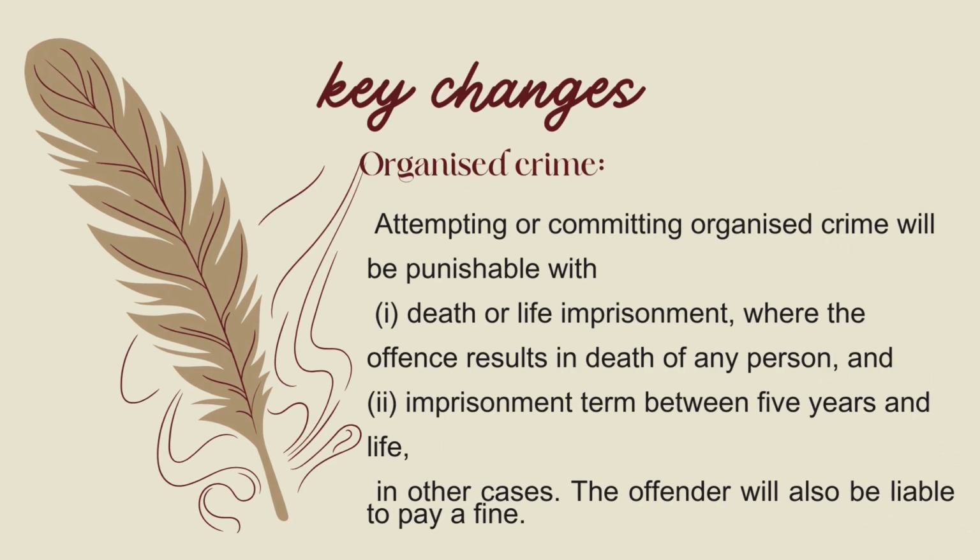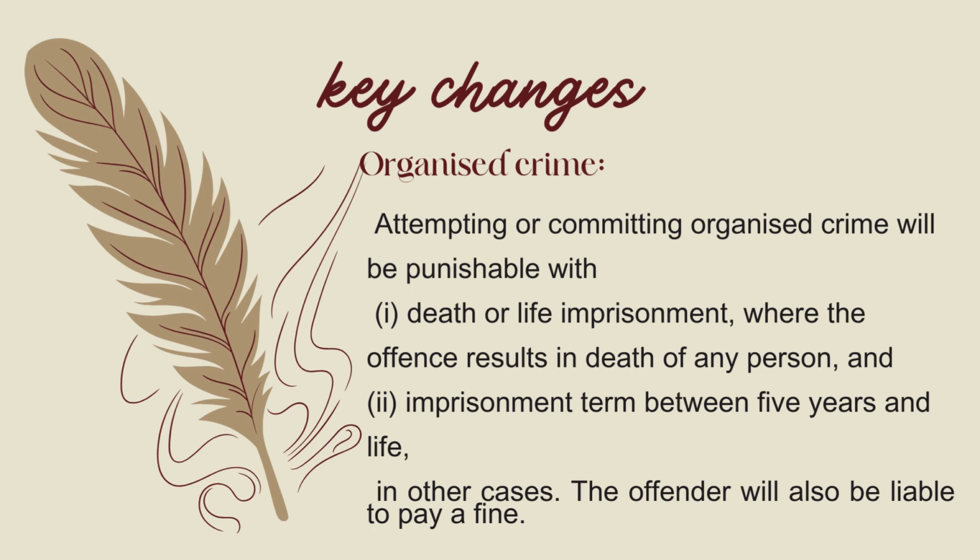Now the third one is organized crime. This bill defines organized crime as the continuing of unlawful activity like kidnapping, extortion, contract killing, land grabbing, or financial crimes or cyber crime.